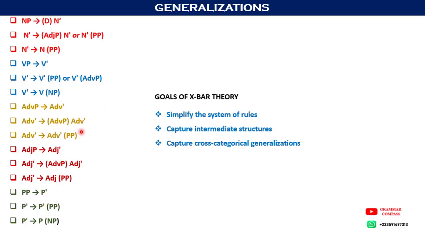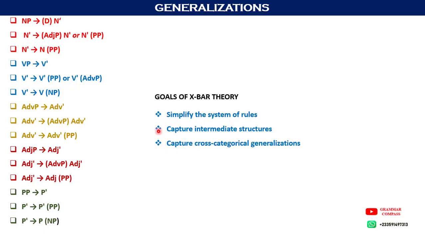And the last of all the rules here is the complement rule, which stops the recursion. So the complement rule always introduces the head and optional modifiers, if any. So here, the goal of the X-bar theory is to simplify the system of rules. We didn't get this opportunity in the phrase structure grammar.